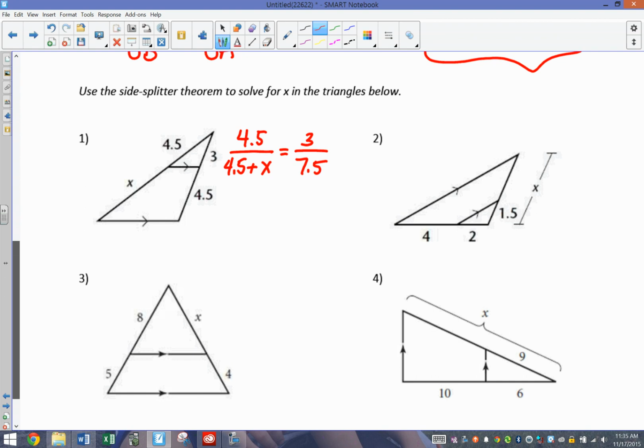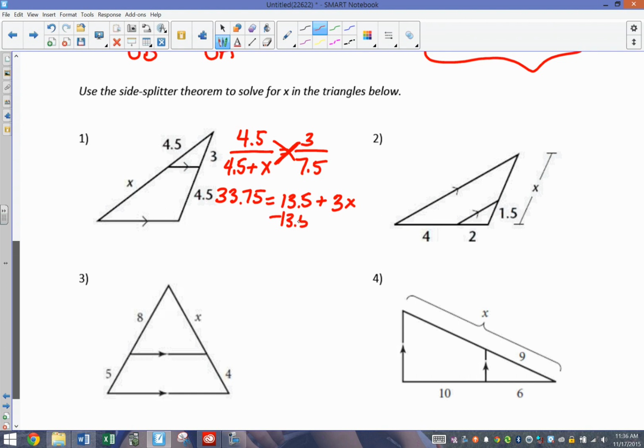Now, when you have a proportion, when you have 2 fractions separated by an equals, to solve it, you can cross multiply. So 4.5 times 7.5, which I'm doing off screen here on my calculator, is 33.75. And then 3 times this is going to distribute. 3 times 4.5 is 13.5 plus 3x.